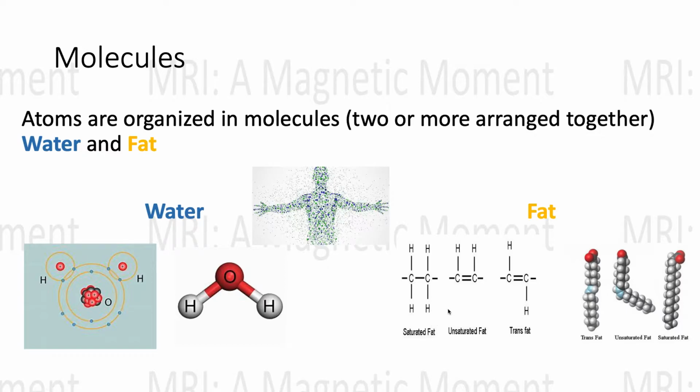We don't need to go into the depth of the chemical formation, but we need to know that molecules are particles that are made up of two or more atoms that are chemically bonded together. So in essence, anytime two atoms join together, they make up a molecule.